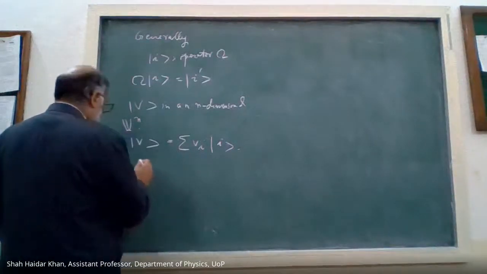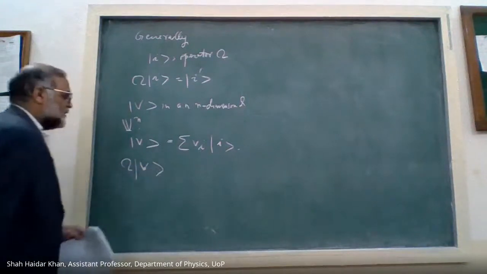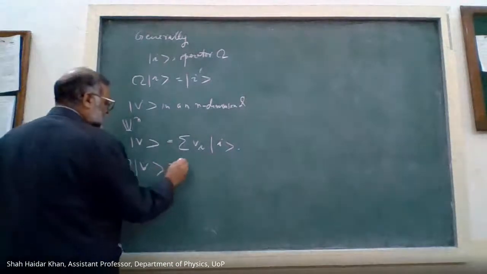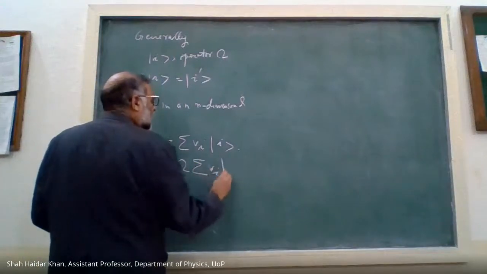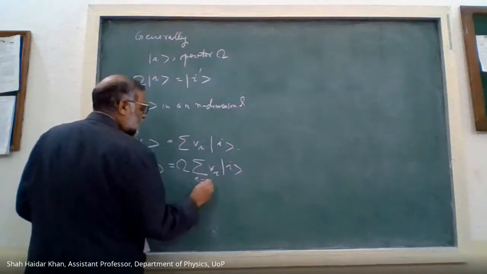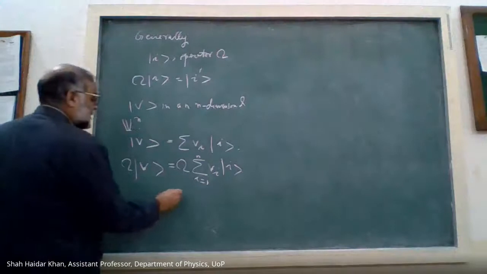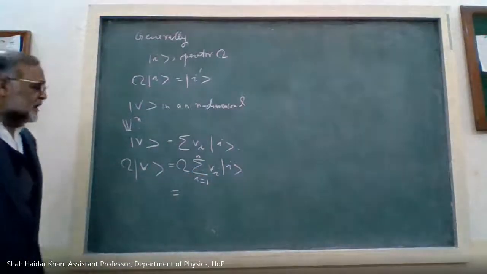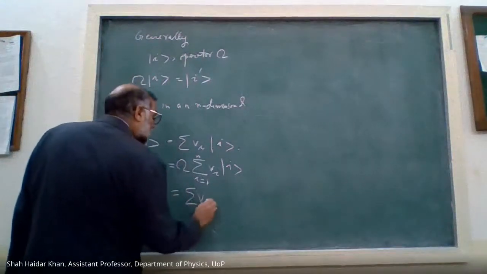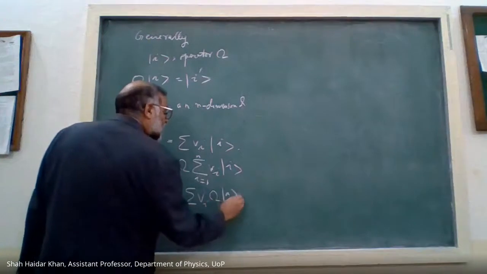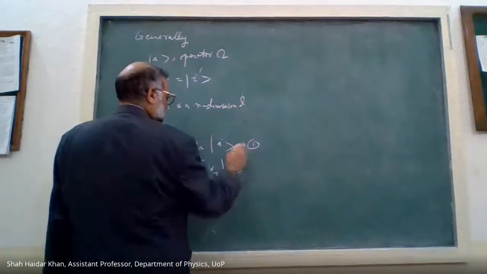If we apply an operator omega on it, we say omega applies to this thing, Vi into I, I starts from 1 and goes to some n. And since this Vi is a scalar quantity, that is equal to Vi, and it will be omega into I. It's all this equation number 1.